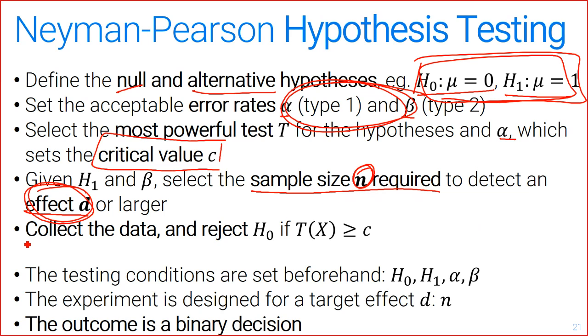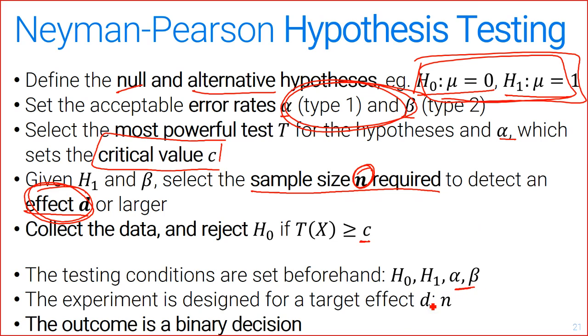And then after this, we collect the data, however many observations we needed to collect. And similarly, we reject the null hypothesis if the test statistic on our data is larger than the threshold. So if our data is, in a sense, again, more extreme than this threshold, than this critical value. And so the testing conditions are set beforehand. What is the null hypothesis, the alternative, and the two errors.